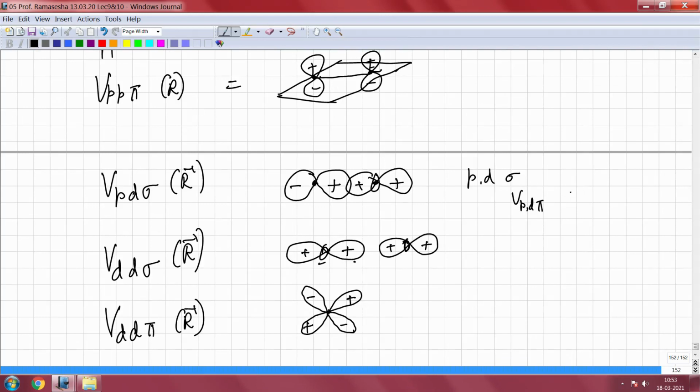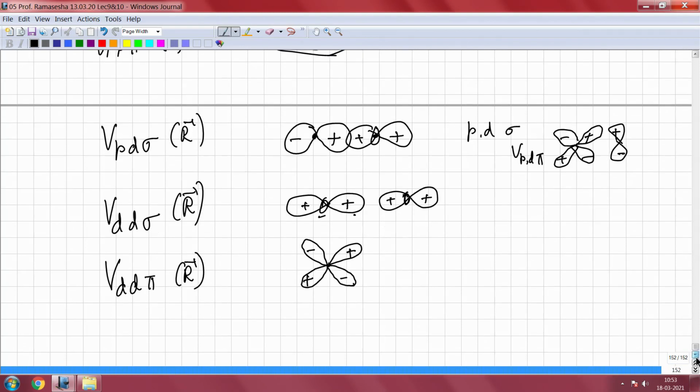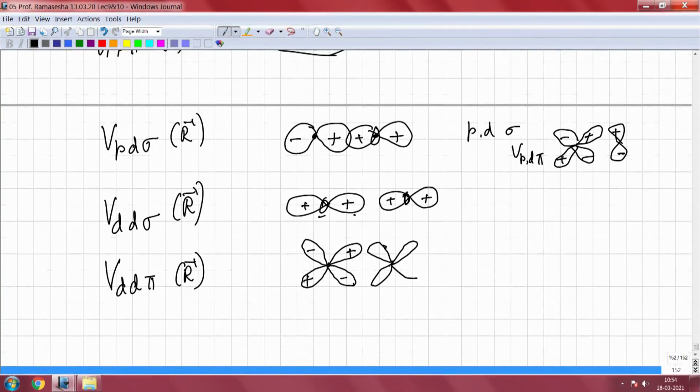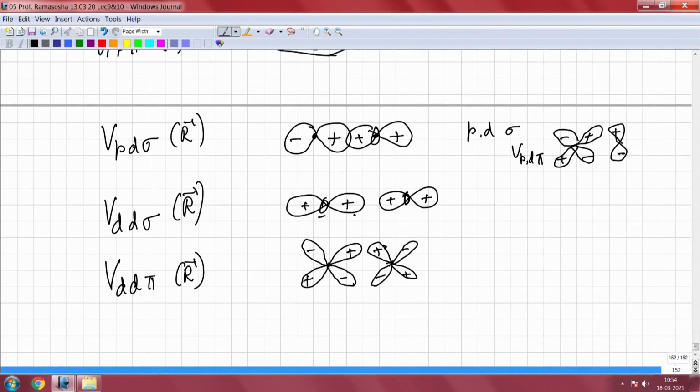So VPD pi will be again this integral. And DD pi will be this integral, so these are the two centers, and this has got two nodal planes.